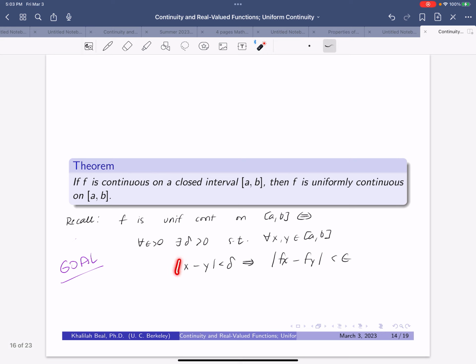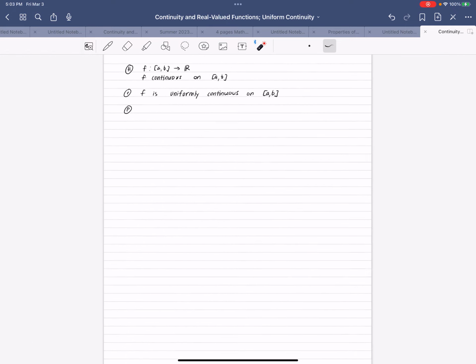So the absolute value of x minus y less than delta implies the absolute value of f of x minus f of y is less than epsilon. Right, so for every epsilon, there's a delta, and this delta works for all points x and y in the domain. So let's go ahead and start our proof.